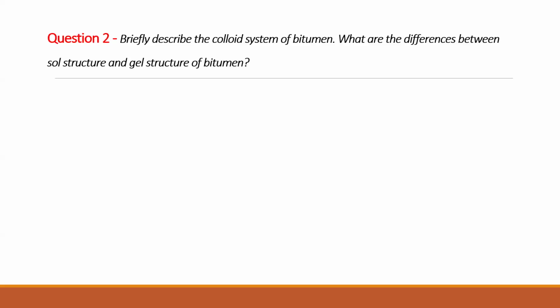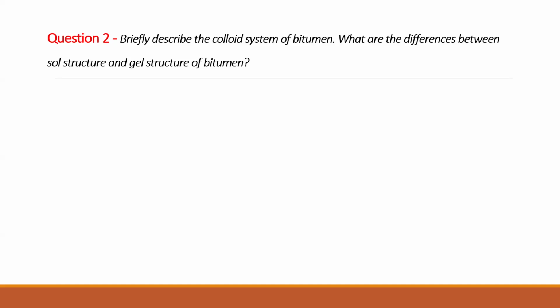We discussed micelles. Micelles are dispersed in an oily phase, which we call maltenes. These micelles consist of asphaltenes, and the oily phase consists of aromatics, saturates, and the resins.